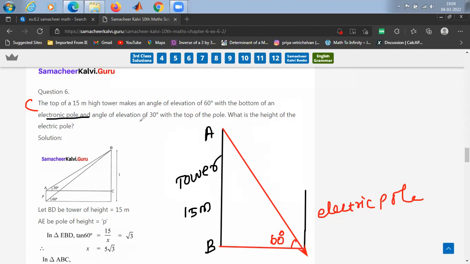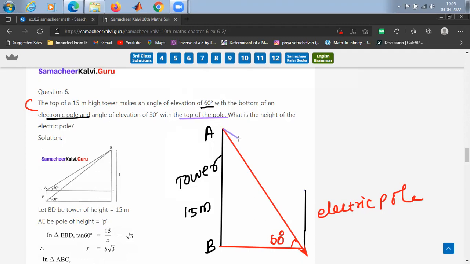Angle of elevation of 30 degree with the top of the pole, which means from the same point they are saying. Okay, from the same point. Let me mark it in a different color. Top of the pole. What is top of the pole? This point is top of the pole, isn't it?